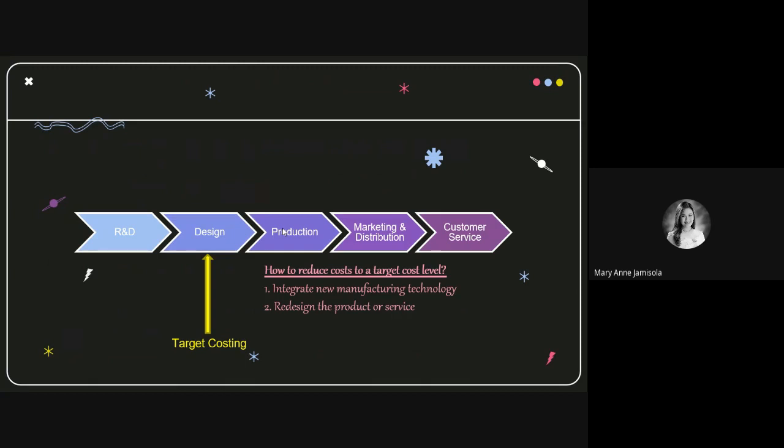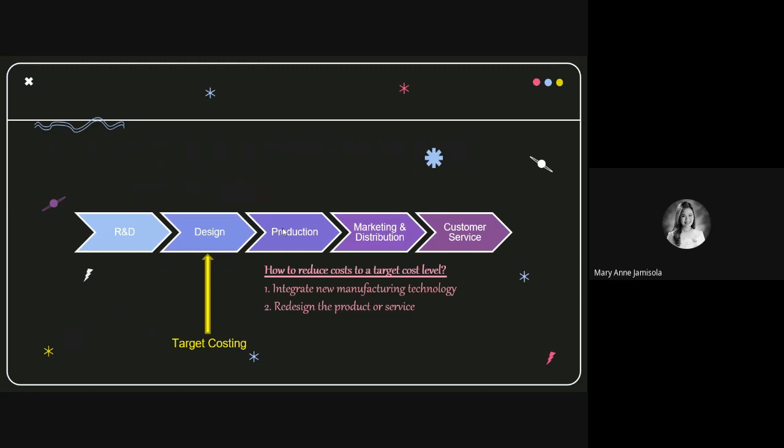Second is design, or we are to redesign the product or service. This approach is more common than the first one because it recognizes the design decisions account for much of the product life cycle costs.